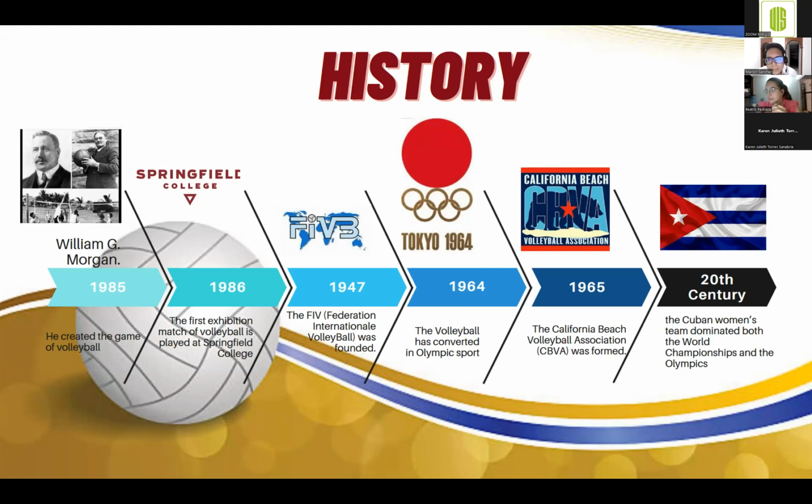So in 1895, William G. Morgan, an instructor at the Young Men's Christian Association in Holyoke, decided to blend elements of basketball, baseball, tennis, and handball to create a game for his classes of businessmen. Initially, he named this game Mintonette, but during a demonstration, they told him that the ball volleying over the net described the game better, and the name changed to volleyball.